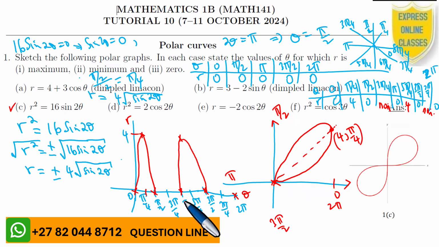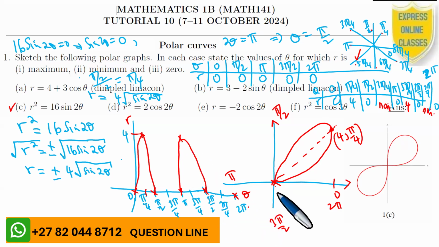And then now, from pi to 5 pi over 4, 5 pi over 4 is here. Because you move pi over 4, pi over 2, 3 pi over 4, 4 pi over 4, 5 pi over 4, 6 pi over 4, 7 pi over 4, 8 pi over 4. So at pi, it is 0. Then you move to 5 pi over 4, which is here.